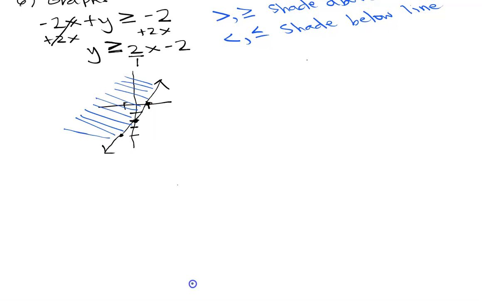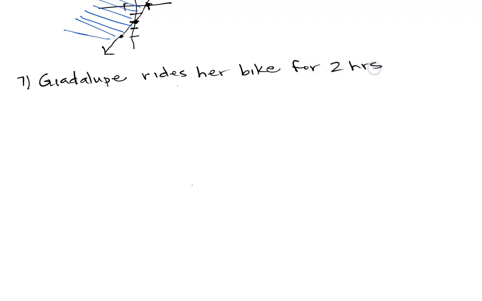another one here. So this one's kind of a little story problem of sorts. So I don't even know which question I'm on now. Am I on 7? Okay. Okay, so on this one, it says Guadalupe rides her bike for 2 hours and is 18 miles from her house.